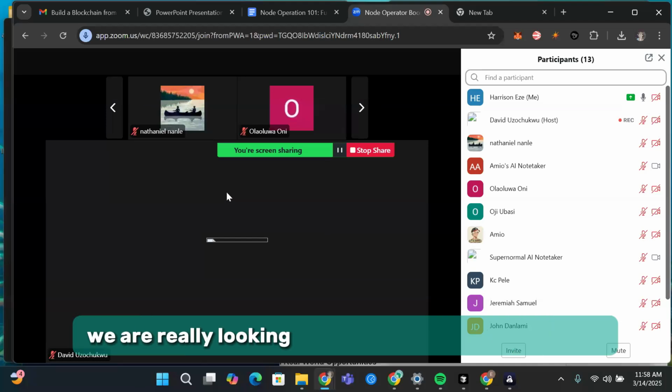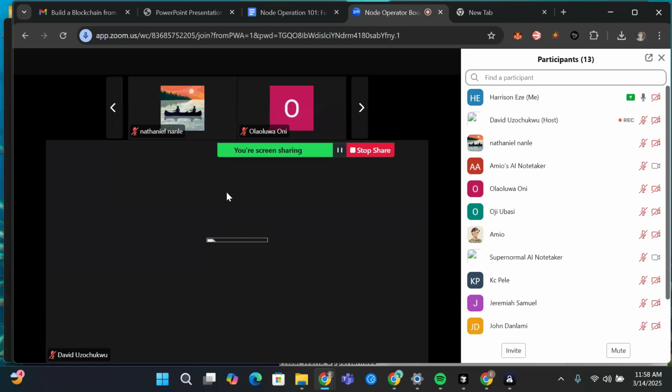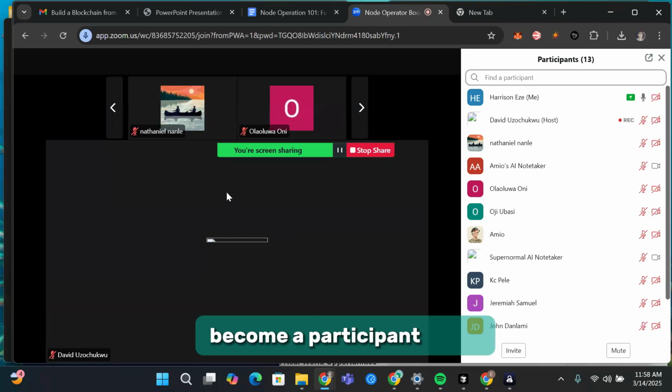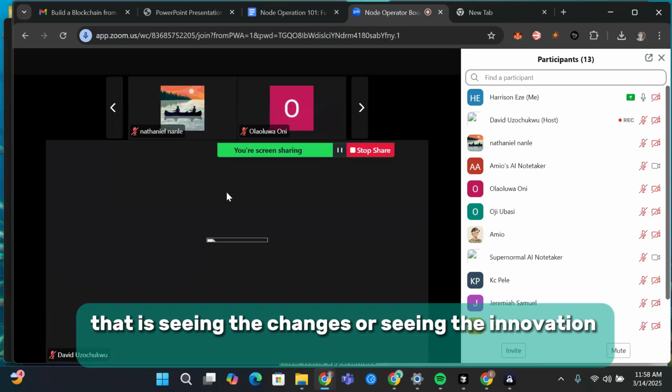We are really looking forward to working with you all to see how you can learn and also become a participant at the protocol level of any of these ecosystems, because it's very important. You're not just a consumer or a user, someone that is just seeing the changes or the innovation that is happening.